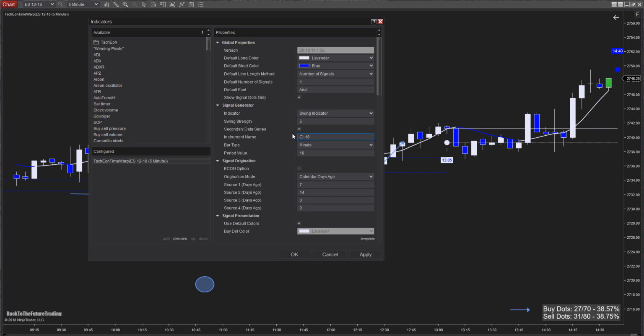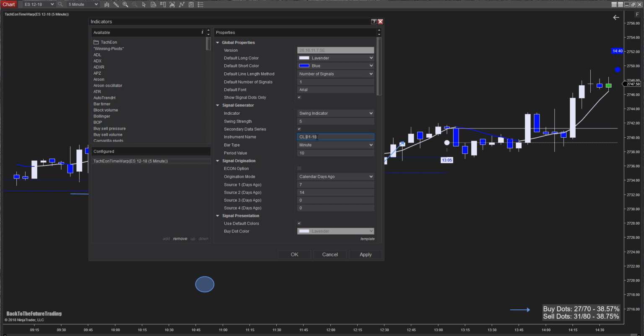In this case, I'm going to choose a CL. Just for the purpose of example, we're going to choose a CL 0118. I have already been running crude in the background on my other workspaces, so I don't have to load a chart. If you've never loaded a crude chart before, you will need to load one. It does not have the indicator on it.